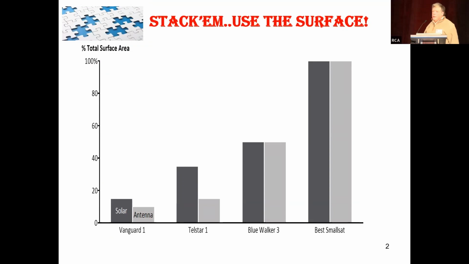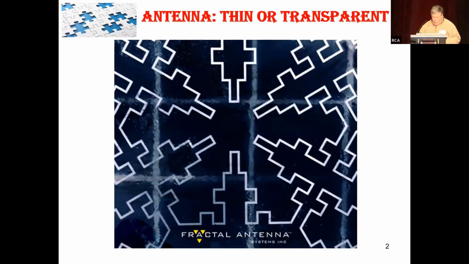When you get to Blue Walker 3, which is that monolithic one that I showed you, that's only half and half. You're not using the white side, for example, to gather power. So that's about 50%. My point is that if you take advantage of this efficiency, you can get roughly 90 to 95% of the entire surface devoted to gathering power, and 90 to 95% devoted to the antenna. Efficiency helps.